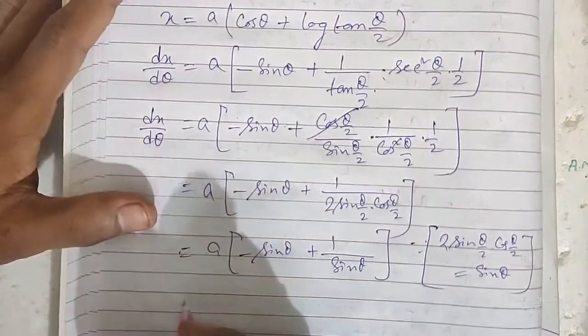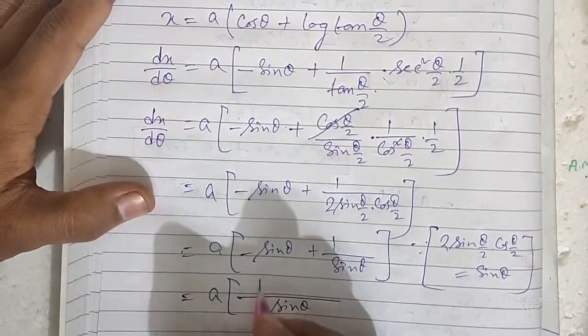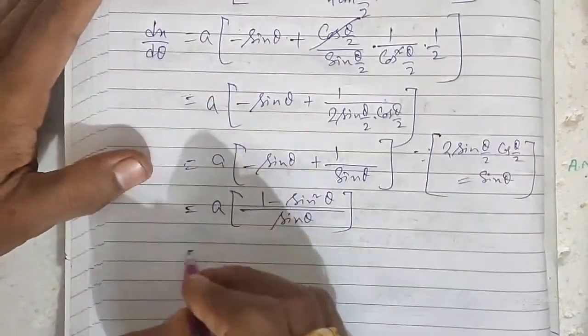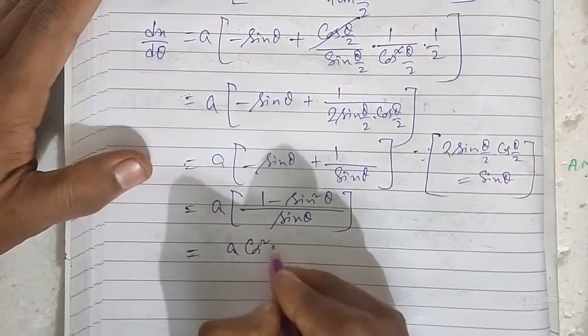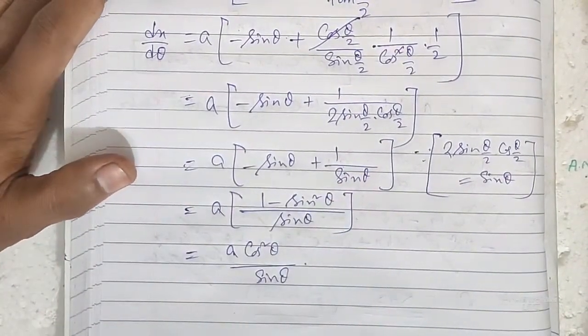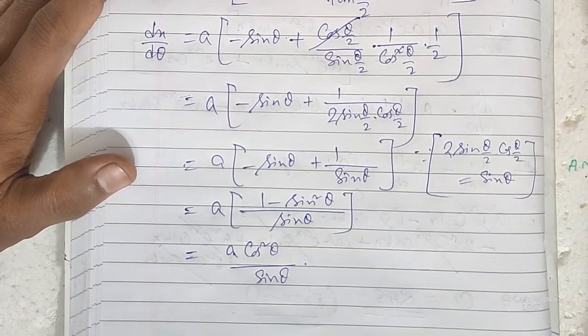Here if we take the LCM, sin theta is the LCM, 1 minus sin square theta, that is a into cos square theta by sin theta. This is the value of dx by d theta.